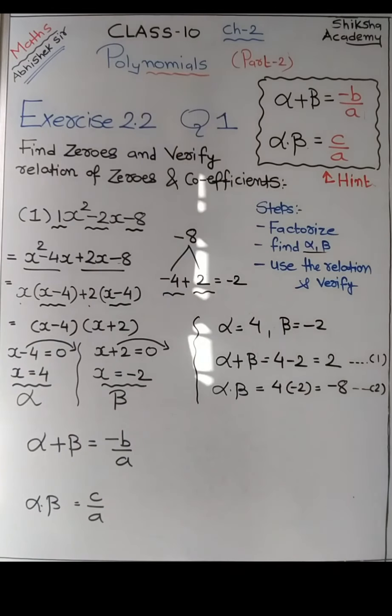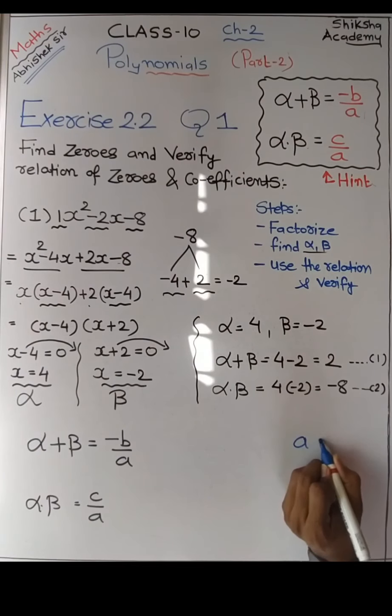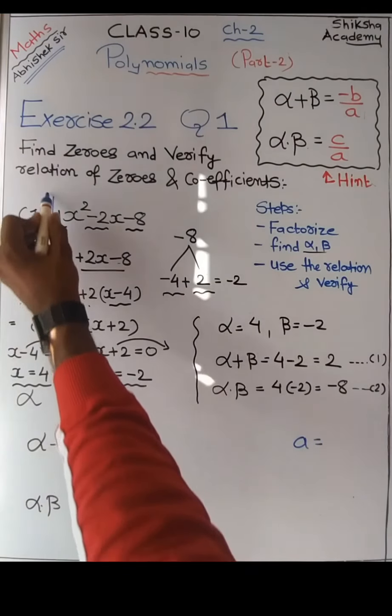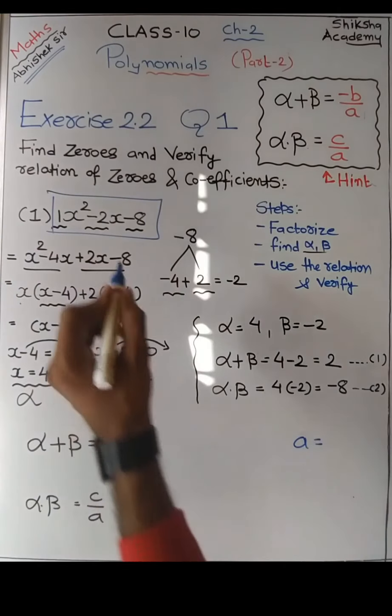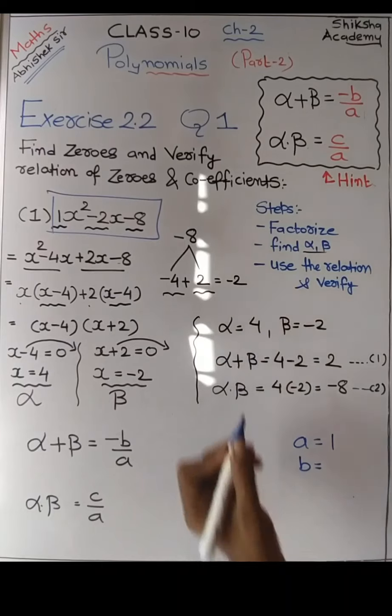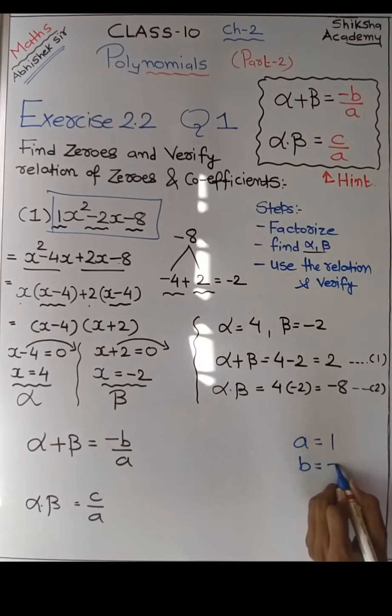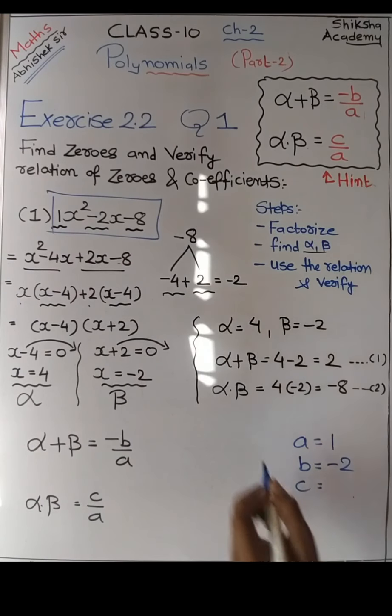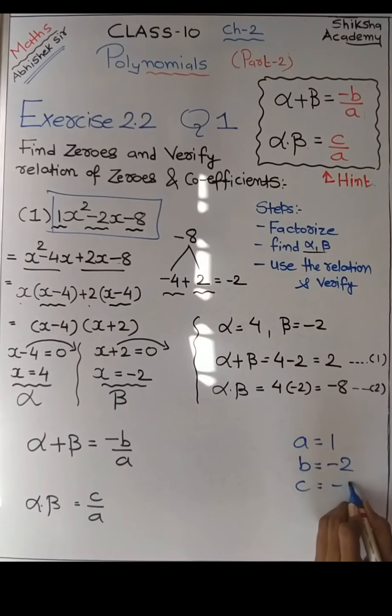Now let us first of all clarify what is a, b and c from the equation, right? So x square's coefficient is 1, so here we have written a is 1, x coefficient is -2, and the constant term is -8. So a, b and c we have clarified.